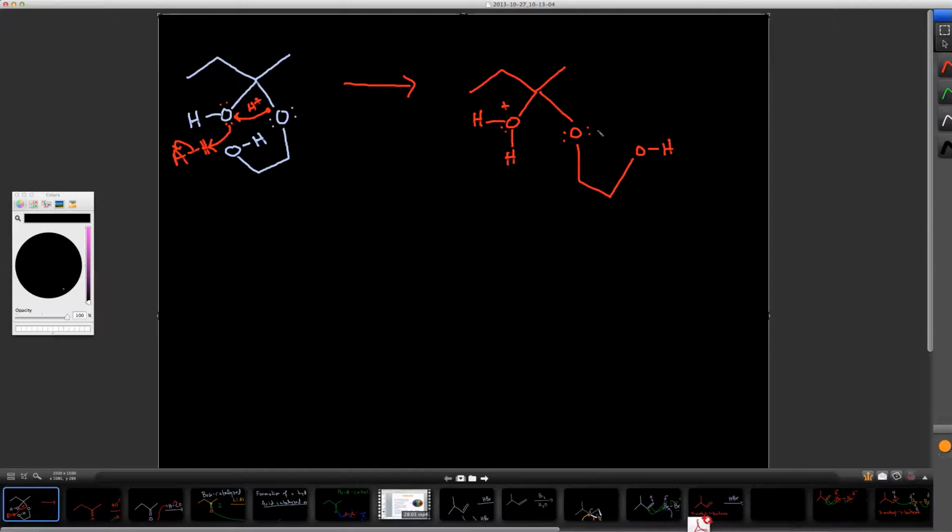So the attack comes from within the molecule, so you go from one molecule to two molecules. In other words, we expel water. Water is a leaving group. Okay, so this is loss of a leaving group.